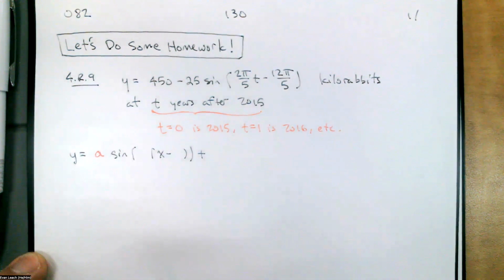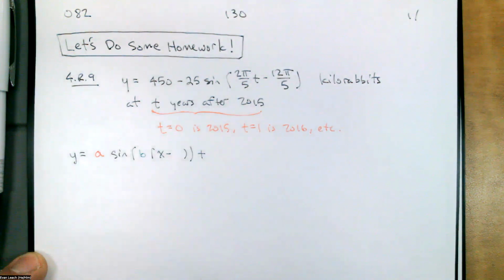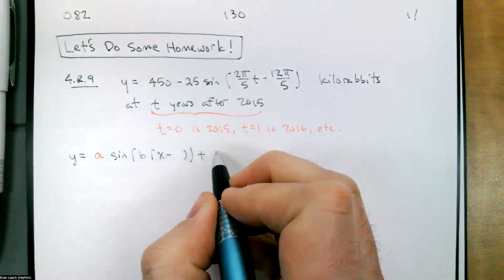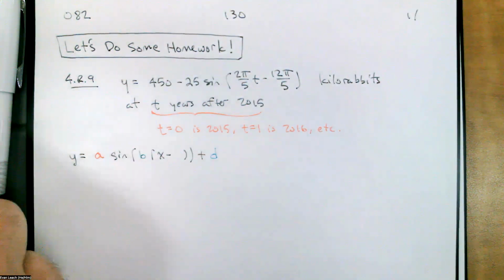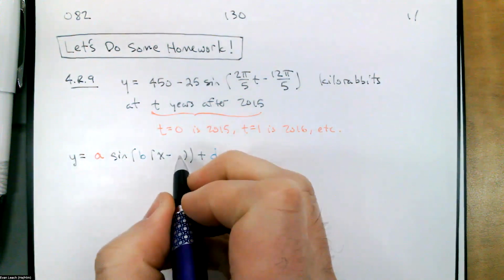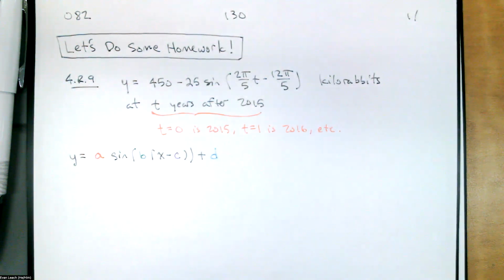We have a coefficient of the x. We have a term outside of the trig function. And we have a term inside with the x.